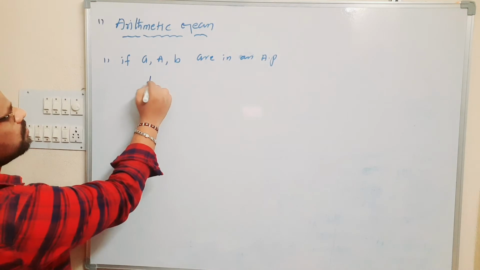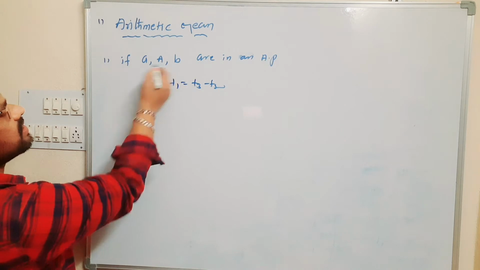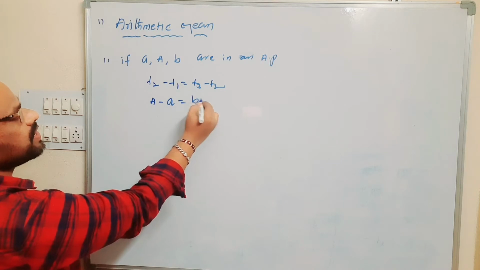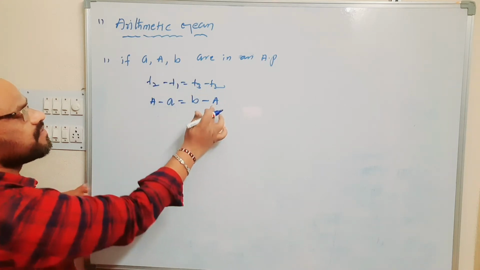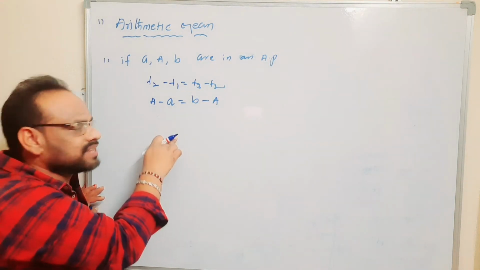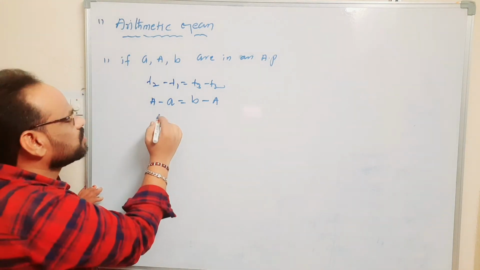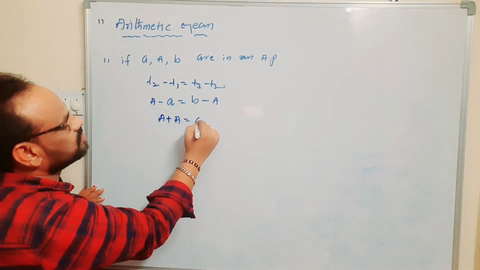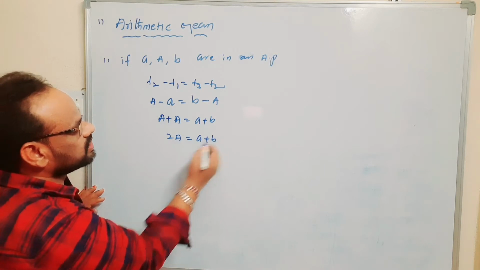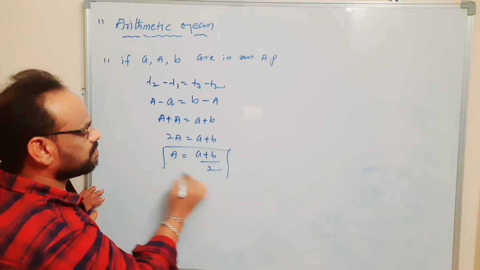So capital A minus small a is equal to b minus capital A. If you transpose minus capital A from RHS to LHS, it will become plus A. If you transpose minus a from LHS to RHS, it will become plus a. So A plus A is equal to a plus b. 2A is equal to a plus b. A is equal to (a plus b) by 2.